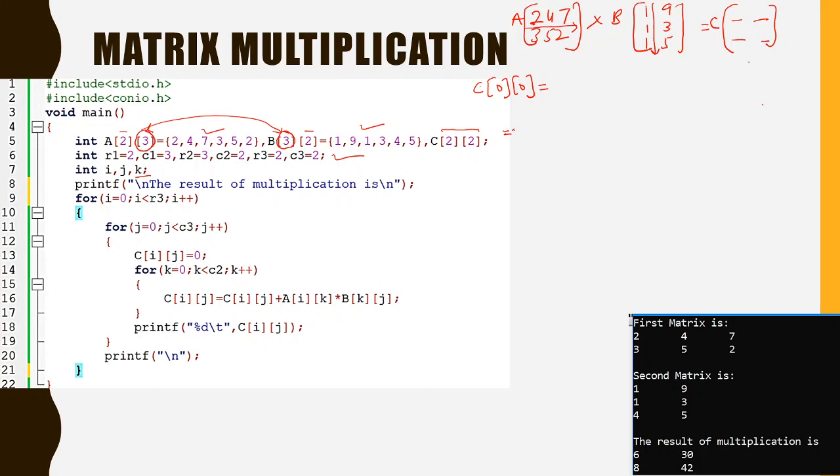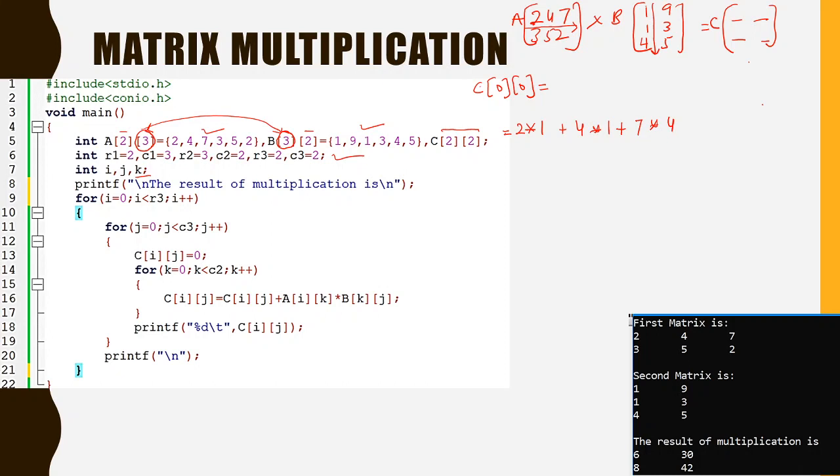So you multiply 2 by 1 plus 4 by 1, and this was 4, and then you multiply 7 by 4. So this multiplication you have to do.